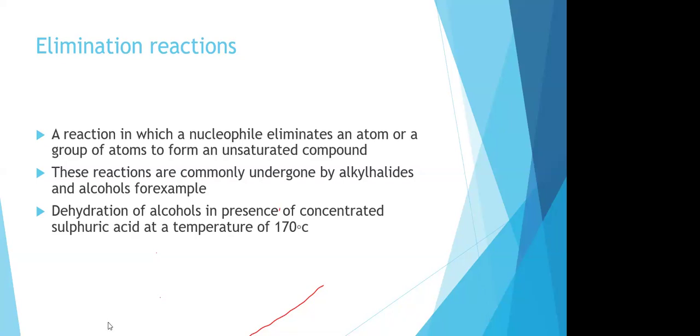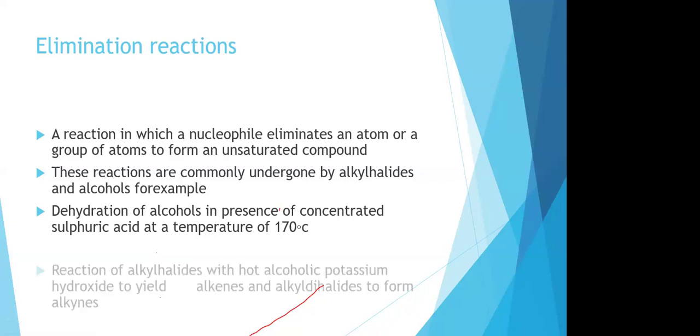So once you are outlining a specific mechanism for this reaction, you specify a temperature of either 170 degrees Celsius or 180 degrees Celsius. You have to be specific so that you form an alkene, not any other compound.